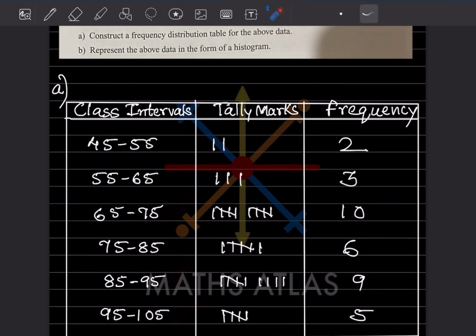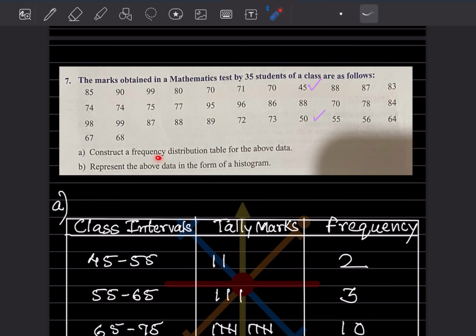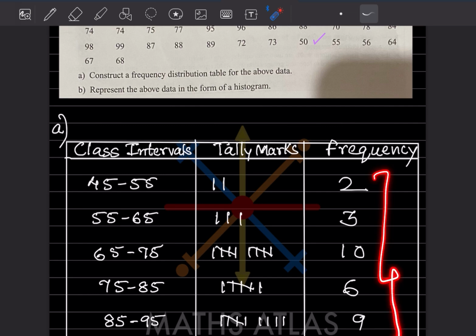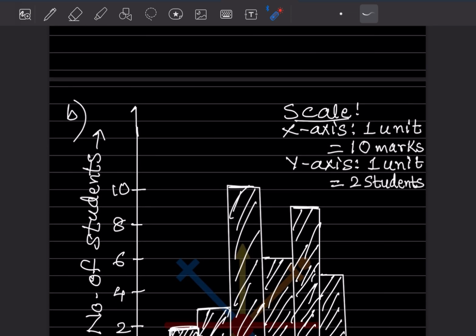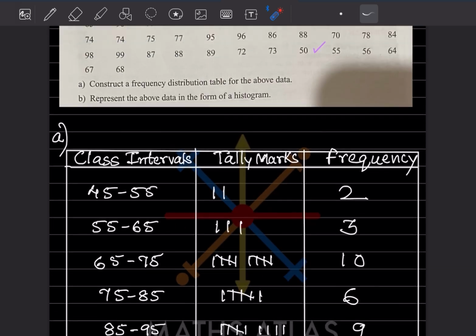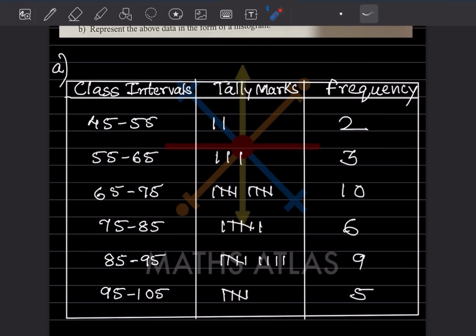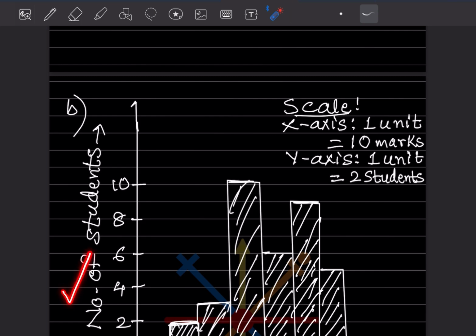So this is the frequency distribution table, and then you have to represent the data in the form of a histogram. This is the histogram for this one. It was the marks obtained by 35 students. These are the number of students, and these are the marks obtained.